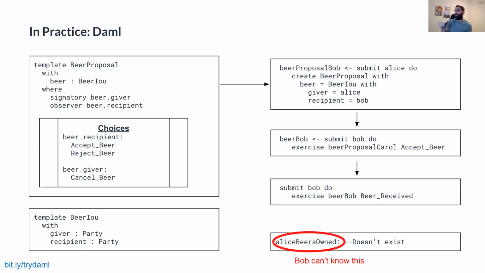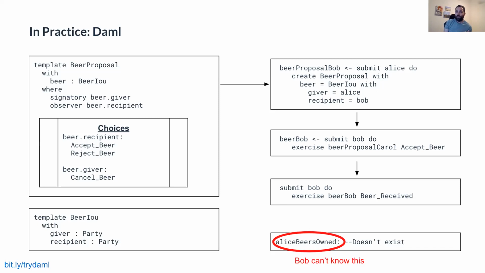So Alice takes one of her UTXOs and creates a beer IOU that says, okay, Bob, I want to owe you this beer. Bob goes ahead and accepts it, and then goes to exercise beer received.